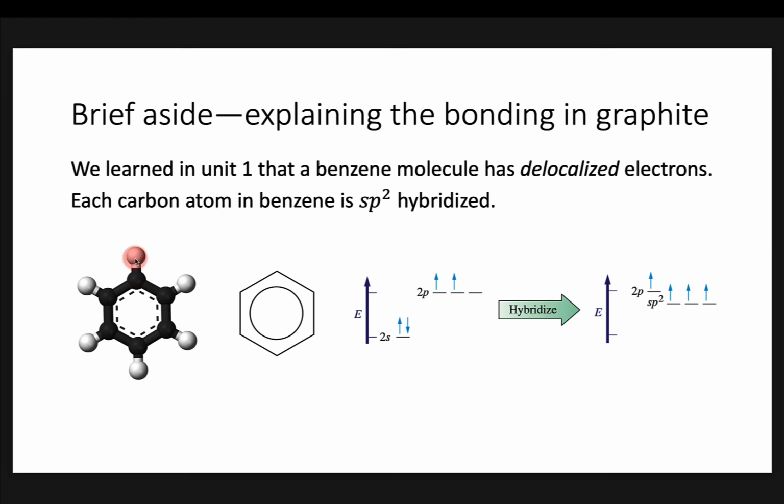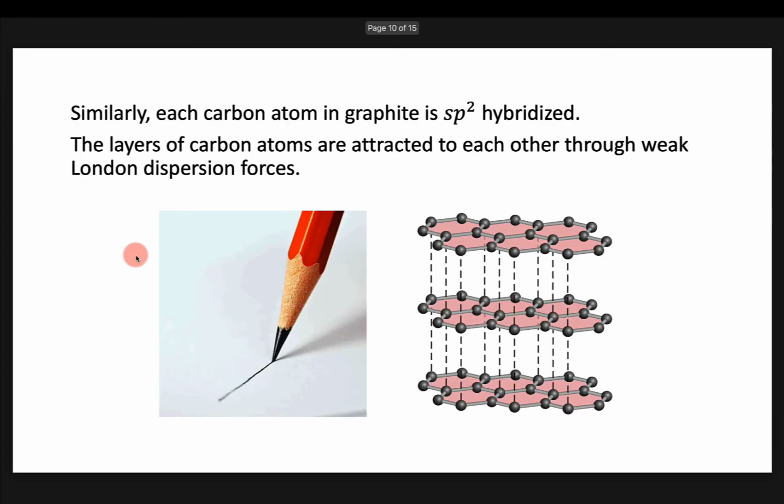Well, that's basically what's happening in graphite. In graphite, every carbon atom is sp2 hybridized, and every carbon atom is bonded to neighboring carbon atoms. So all of these carbon atoms are sp2 hybridized.